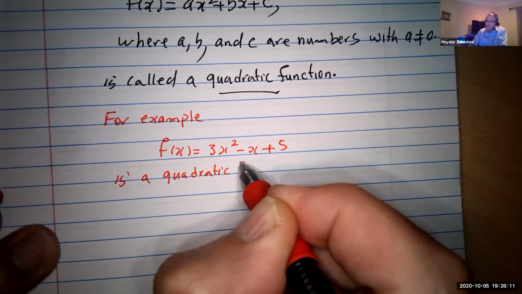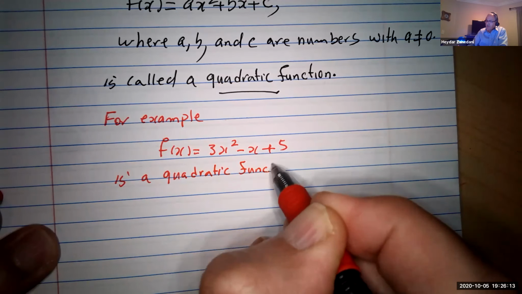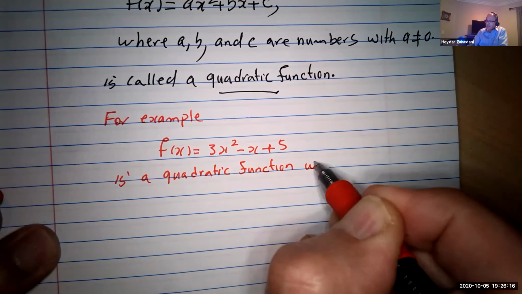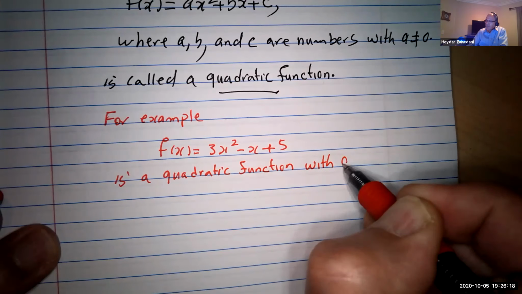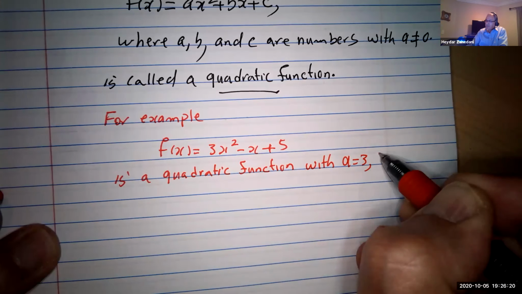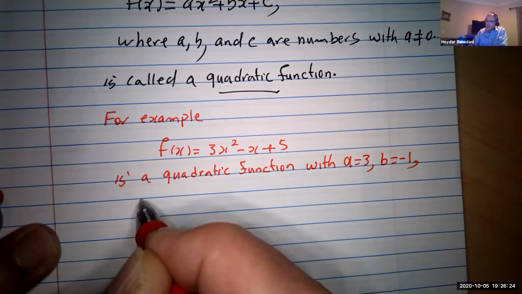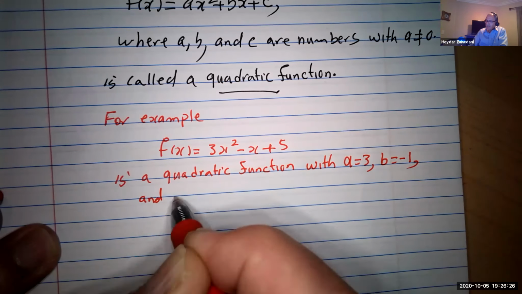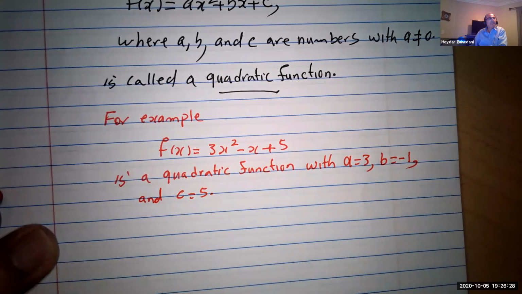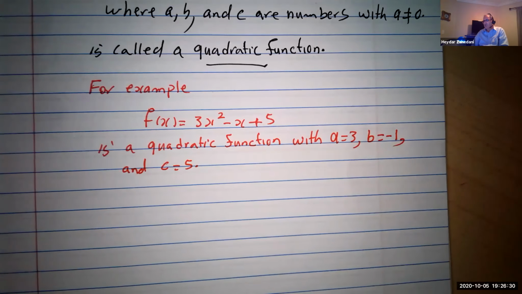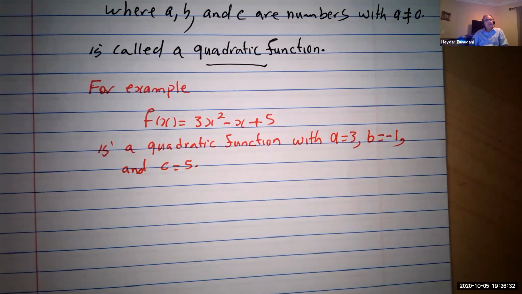We need those a and b, with a equal to 3 and b equal to negative 1, if you like, and c is 5. Okay, this is going to be a function.